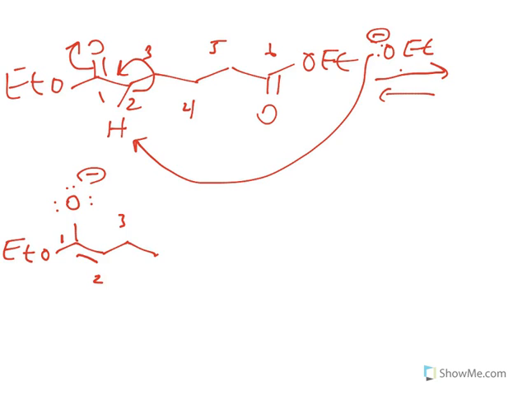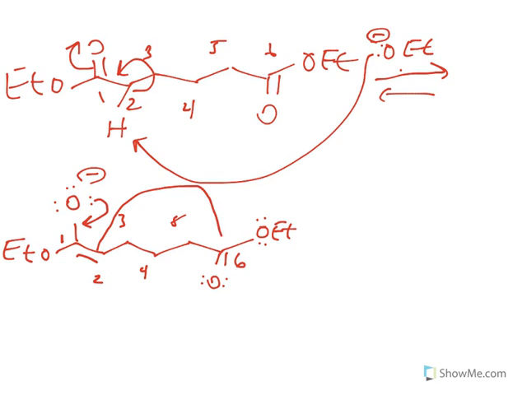Then I go to 3, 4, 5, and 6. This guy is intramolecular, which means the reaction is going to happen within the molecule. So we're going to collapse this way. And now carbon 2 is our nucleophilic carbon that's going to go after carbon 6, which is our electrophilic carbon. So we're going to form a bond between carbons 2 and 6.